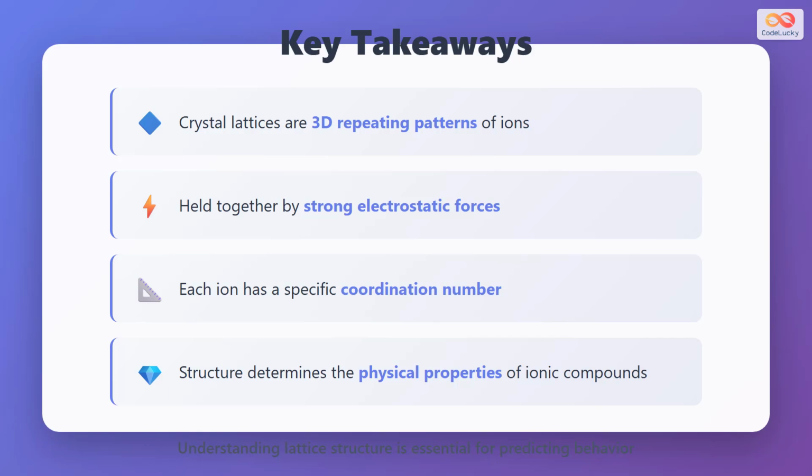Most importantly, the structure of the crystal lattice determines the physical properties of ionic compounds, including melting point, hardness, electrical conductivity, and solubility. Understanding lattice structure is essential for predicting how ionic compounds will behave under different conditions. This foundational knowledge will help you understand more complex chemistry concepts in the future.